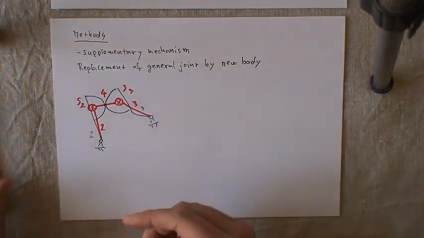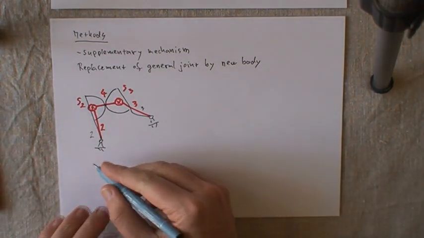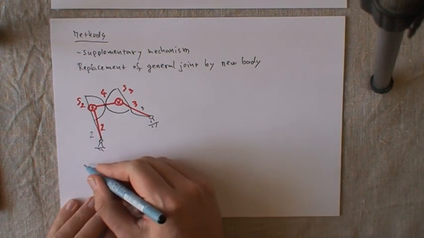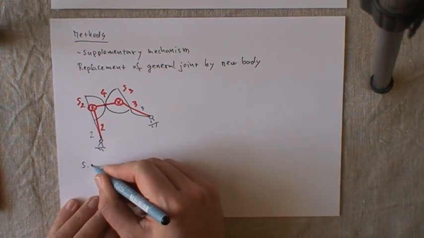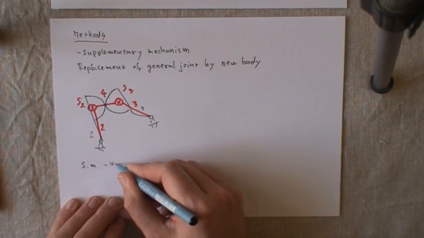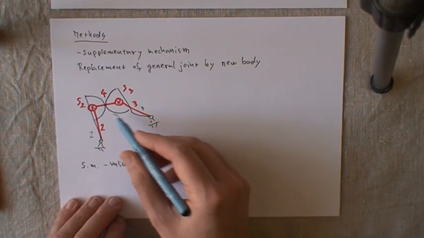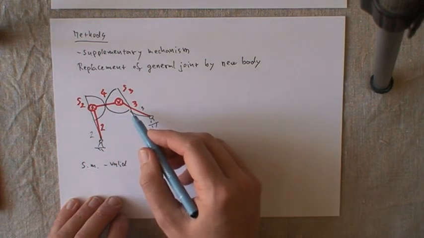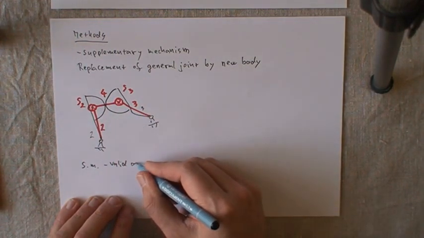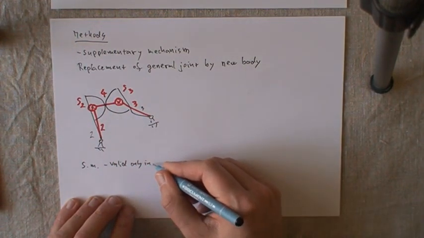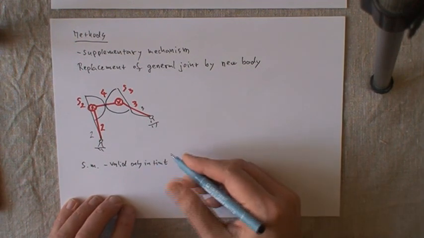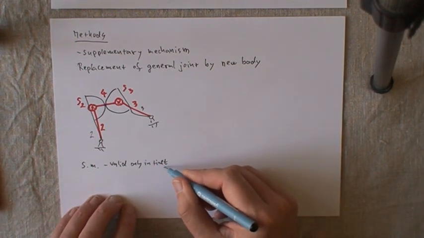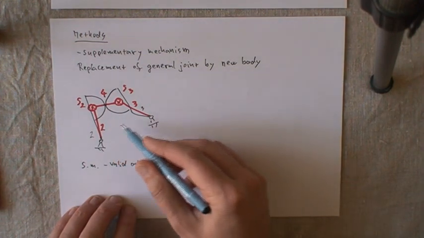Now, the important thing is that this 4-bar mechanism, the supplementary mechanism, is valid only in this particular moment, only in time t that we are actually examining the mechanism.